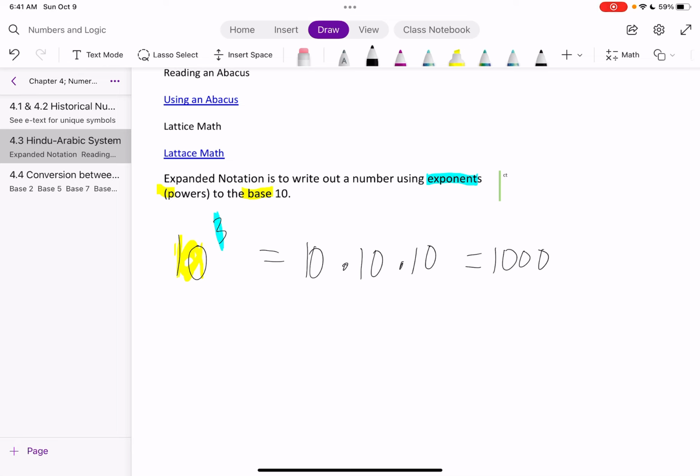And then this one becomes a times 10 squared plus 0 times 10 to the 1. Sorry, I lost my train of thought for a second. And then 3 times 10 squared.